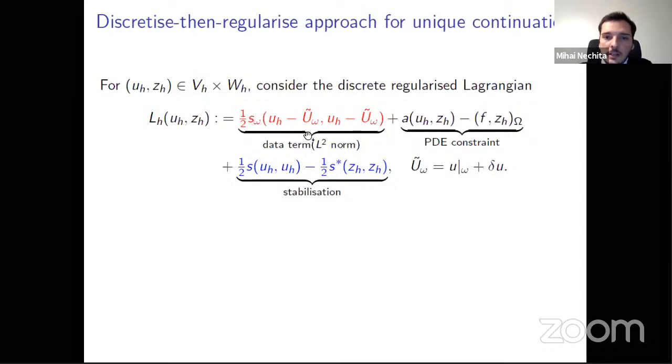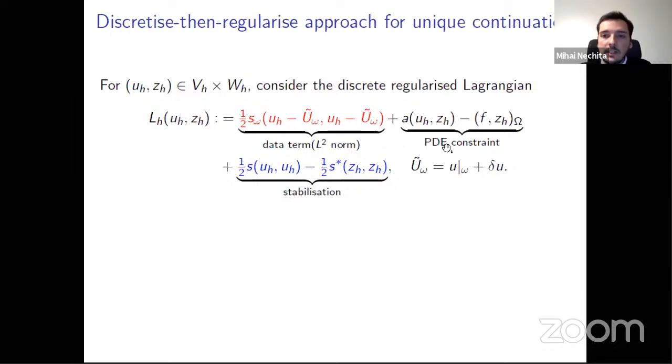The first one, in red, is the data fitting term. Here capital U is the restriction of u plus possibly some noise. In our analysis, we will measure this data fitting term with an L2 norm that could be scaled.